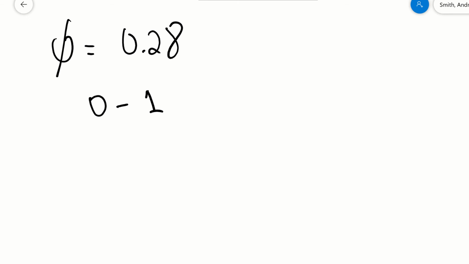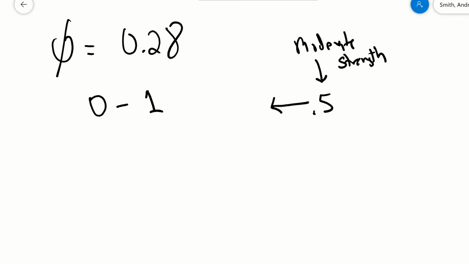In this particular case, let's say that a phi in the middle of 0.5 indicates a moderate strength relationship, right? And a phi below 0.5 indicates a weak relationship. And from 0.5 to 1 indicates a strong relationship.